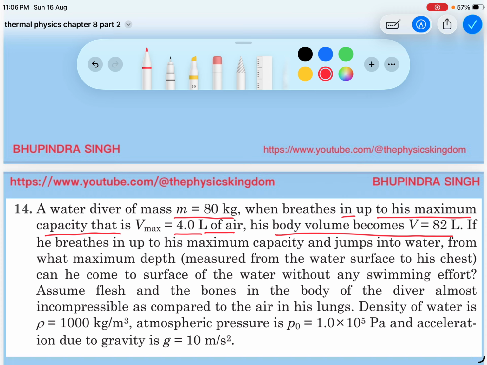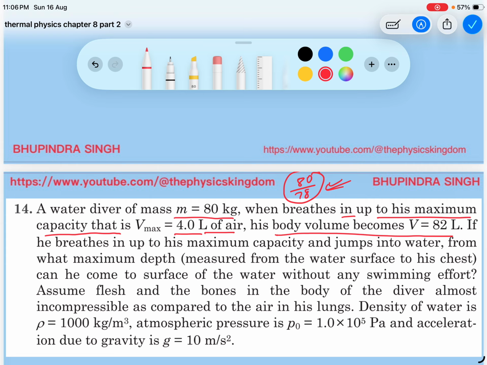It means after increasing volume by 4 liter, his volume became 82 liter, so its initial volume was 78 liter. If I calculate density without air inhaling, it is 80 upon 78, which is more than the density of water, right? It means he has the tendency to sink if he does no swimming.